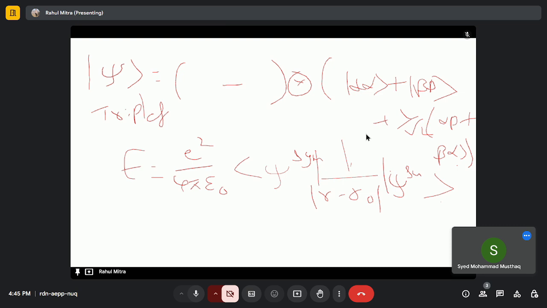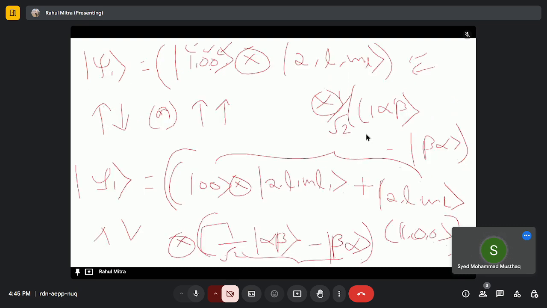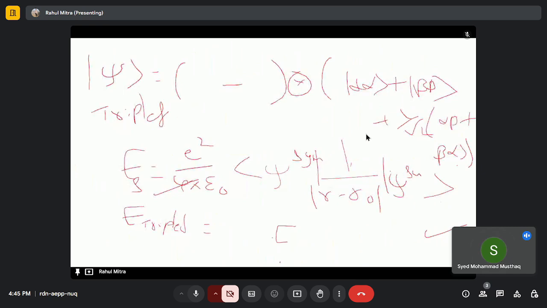Right? So this is for the singlet, and this is for the triplet. So the energy values: E singlet will be I plus J, and E triplet is I minus J, right? Now I stands for the electrostatic interaction between the electrons and nucleus, also the electron-electron interaction. Now J is the exchange integral term.